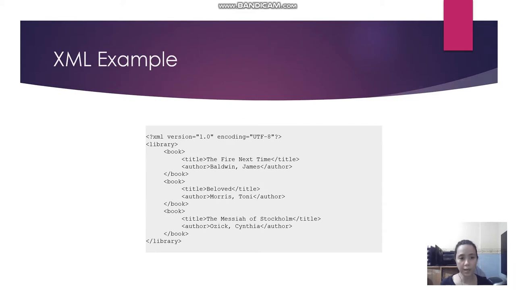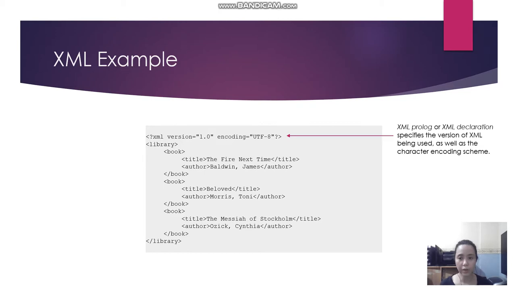So this is an example of XML code. The XML prologue or XML declaration specifies the version of XML being used, as well as the character encoding scheme. We can see here that this XML is version 1.0, with encoding UTF-8.